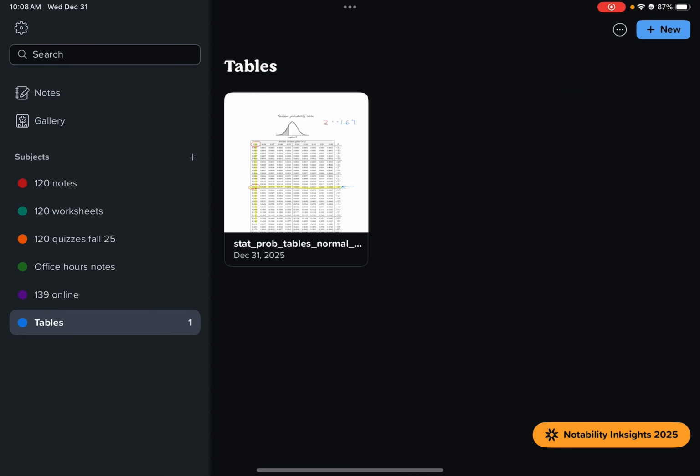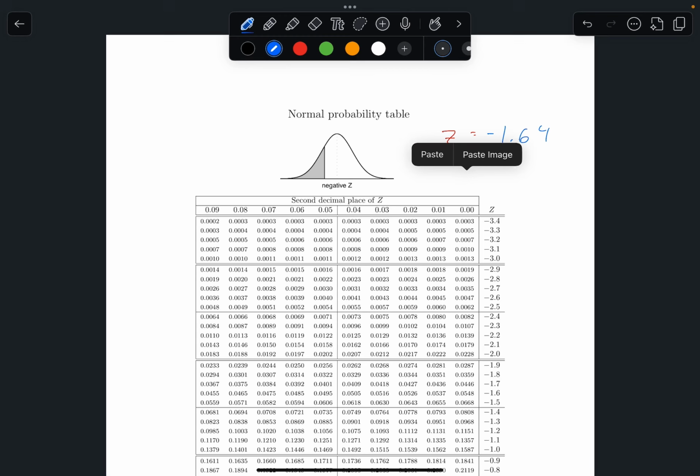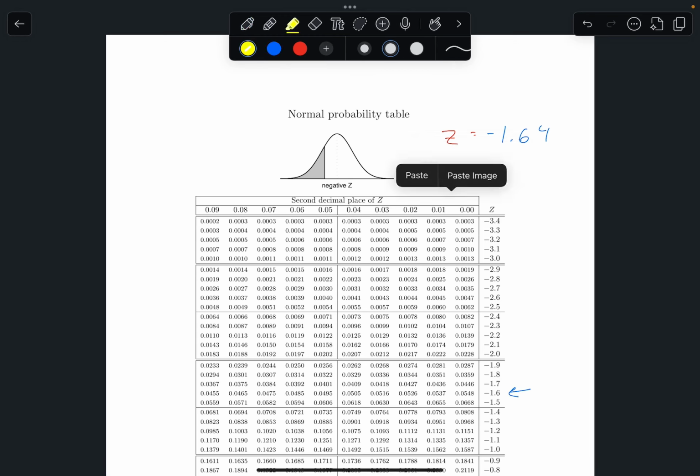Let's start fresh here. Negative 1.6. We must be looking at this row. So here is negative 1.6. And then the second decimal is a 4. So we're looking at this column right here. The area to the left of that number is 0.0505.